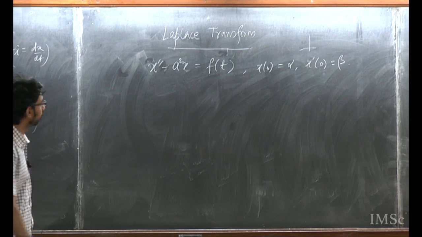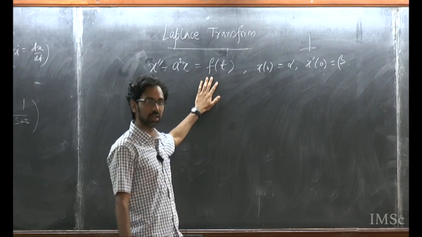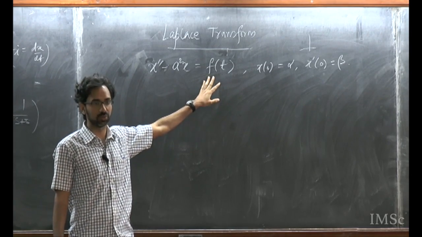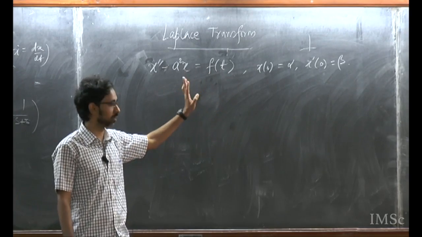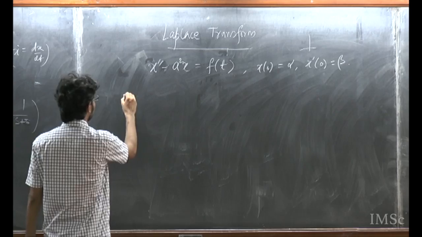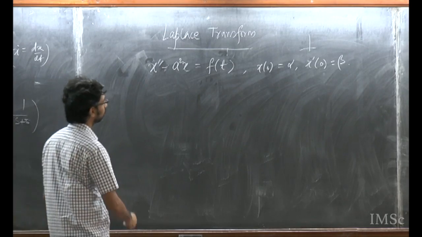So here we are assuming that the Laplace transform of f of t exists. Okay, we can assume it to be continuous, of exponential order, all you want. Okay, so take Laplace transforms on both sides.